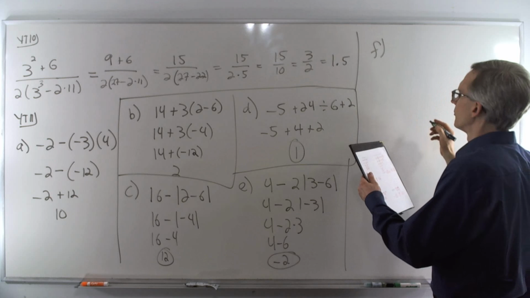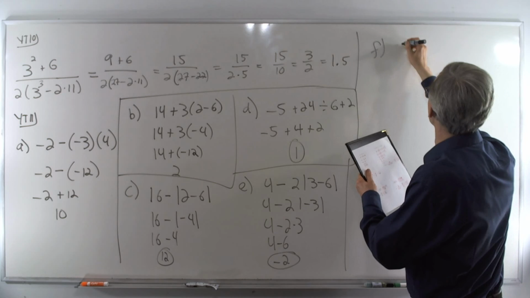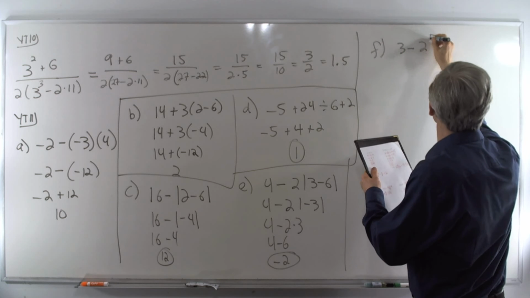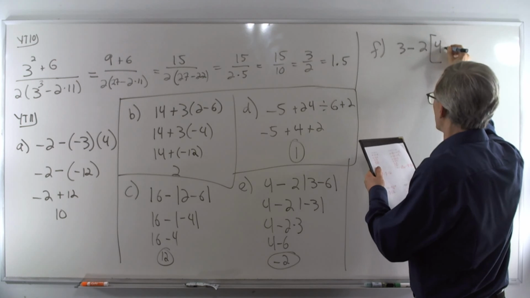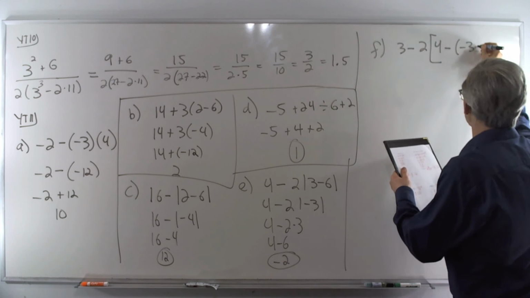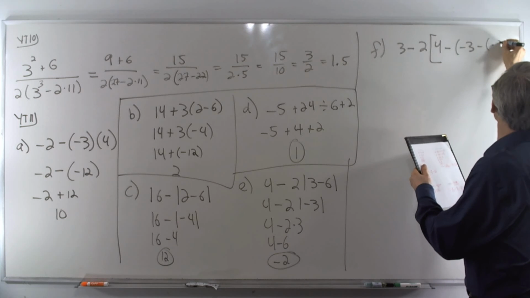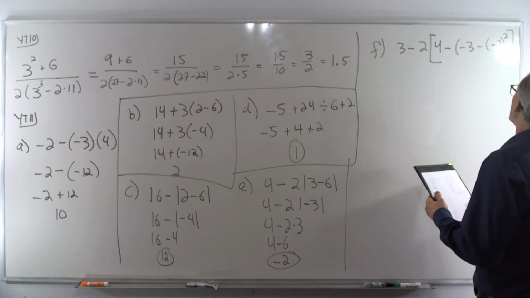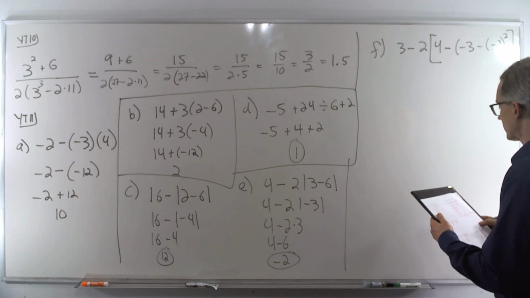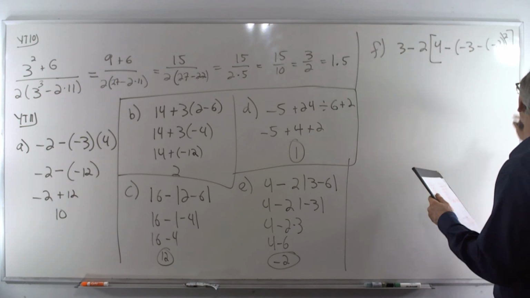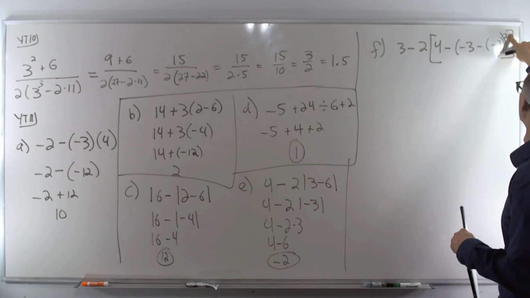F is kind of a tricky one with all those parentheses and all those negatives too. All right, first thing we need to understand is exactly what that exponent is applied to.